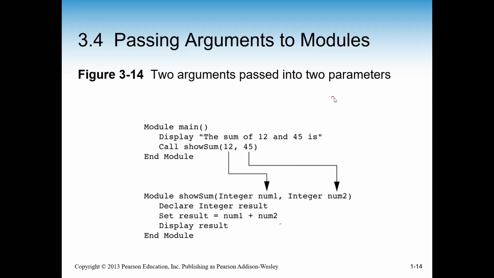So in 2019, let's say you made $12,000 in the first 6 months and $45,000 in the last 6 months. You would be able to just run it there by calling show sum.